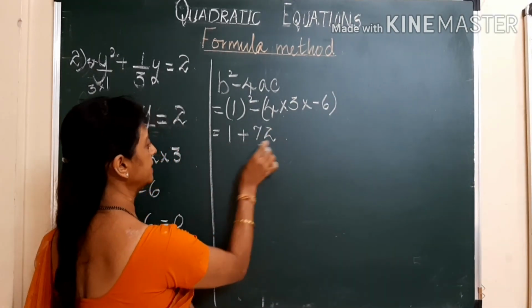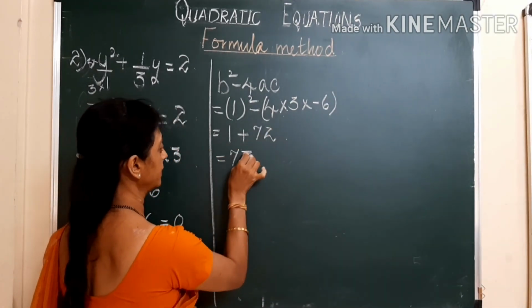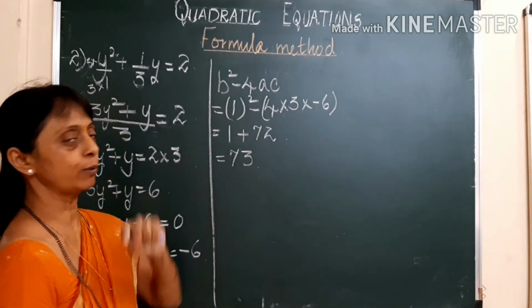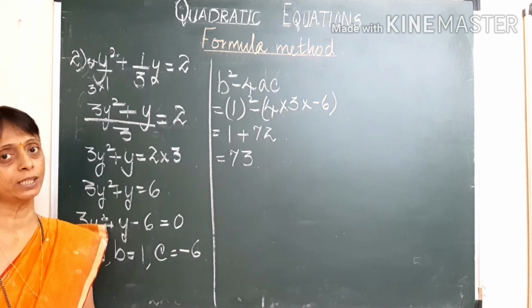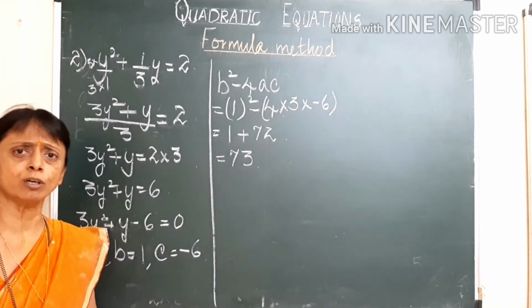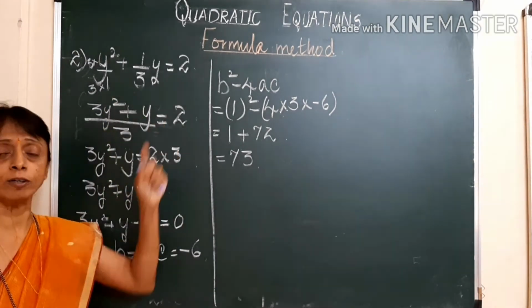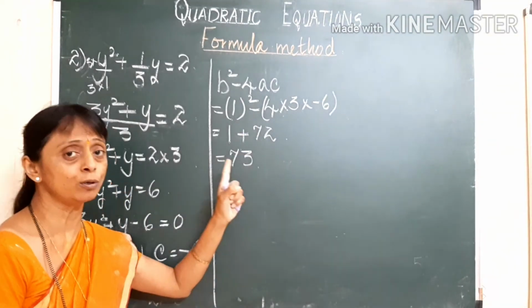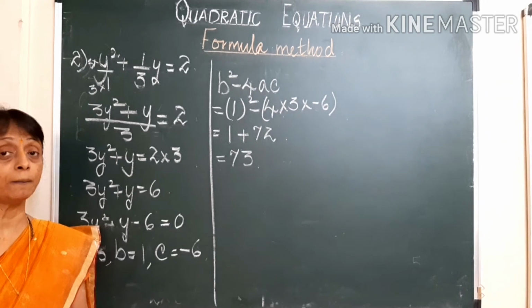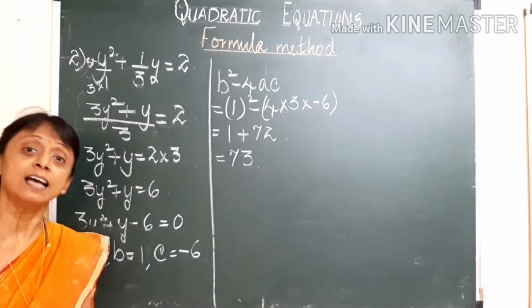So 1 plus 72 gives you 73. So the value of B square minus 4AC over here is greater than 0. It is positive. So what will the nature of the given roots of the given quadratic equation be? As B square minus 4AC is greater than 0, the nature of the roots will be real and unequal.